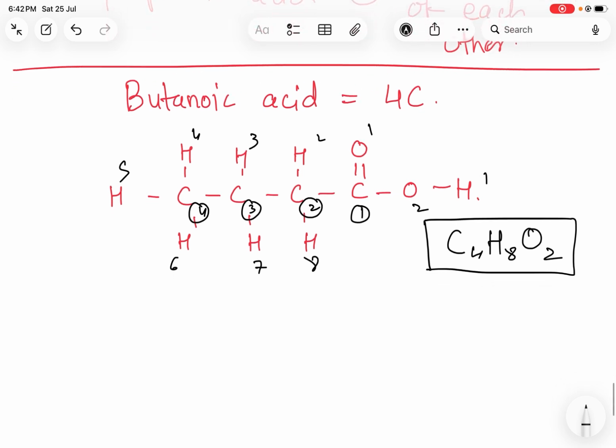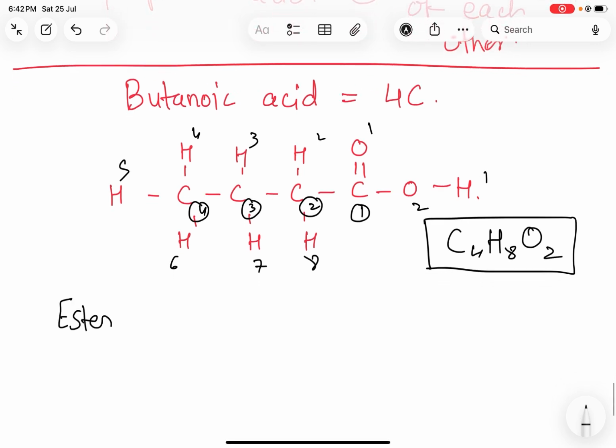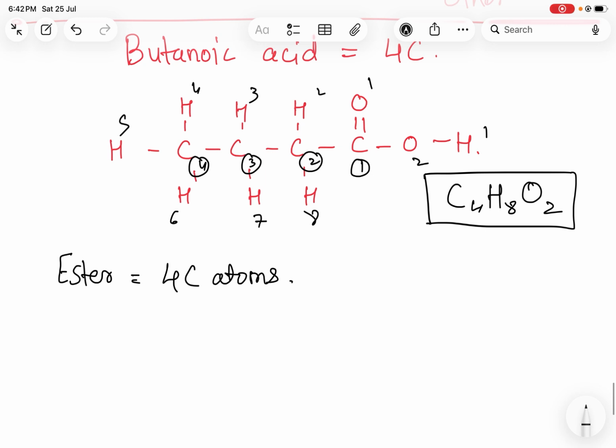Now I have to find an ester that is made up of 4 carbon atoms. Okay, now how should I make an ester that contains 4 carbon atoms? So again, you have to remember that I require alcohol and a carboxylic acid. Okay, which is very simple. How to make 4? 2 plus 2.